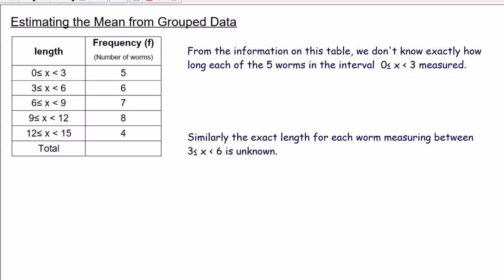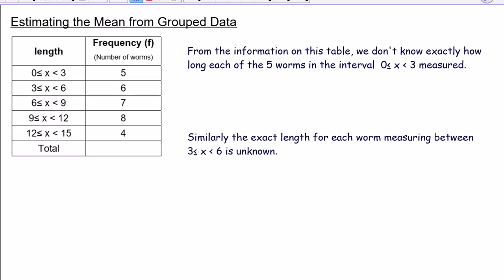Next thing I'm going to look at is estimating the mean from grouped data. From the information on this table, we don't know exactly how long each of the 5 worms in the interval 0 to 3 measured. So remember here, this data is grouped.